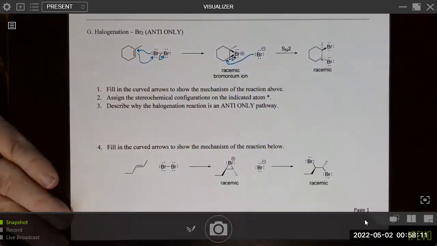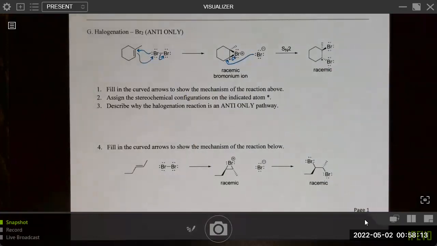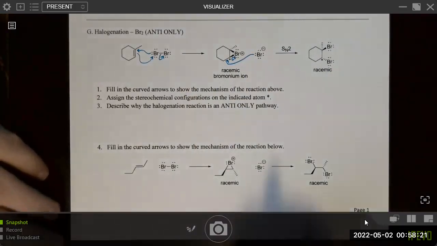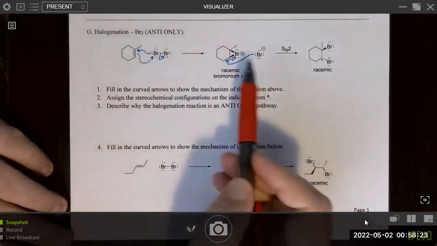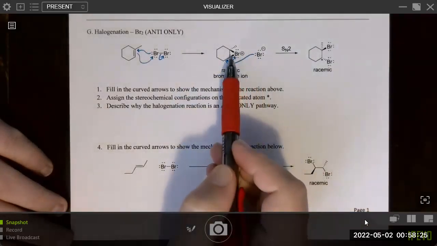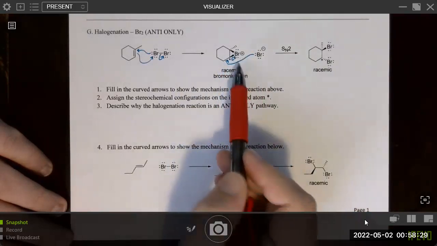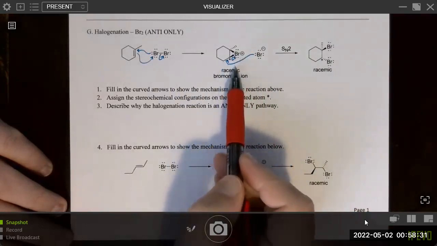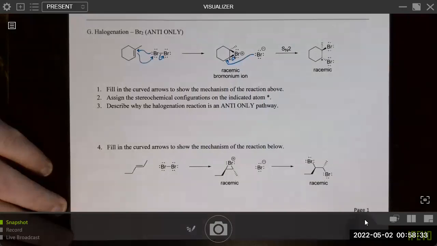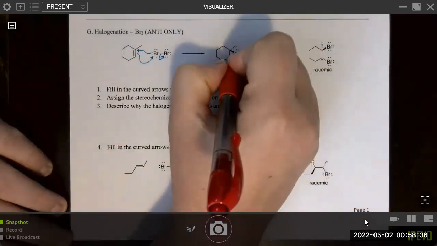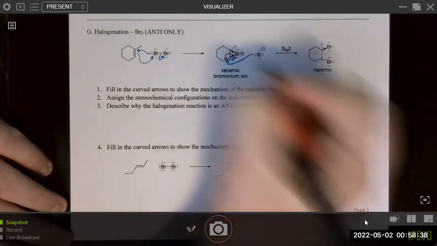All right, so it says to prove that inversion is occurring, let's go ahead and assign the stereochemical configurations at the carbons indicated with the star. So on this carbon, first priority group would be bromine, and then the carbon that's attached to the bromine also, and then the other carbon, and the hydrogen pointed back is our fourth priority group. So it would go 1 to 2 to 3.